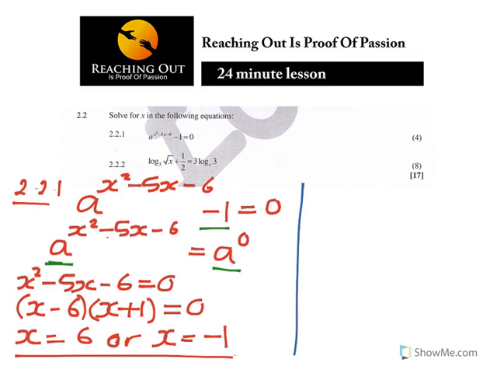For example, if I try to prove a, remember, if my x is equal to 6, I can put my 6 where there is x, which is a to the power 6 squared minus 5 times 6, minus 6, minus 1.